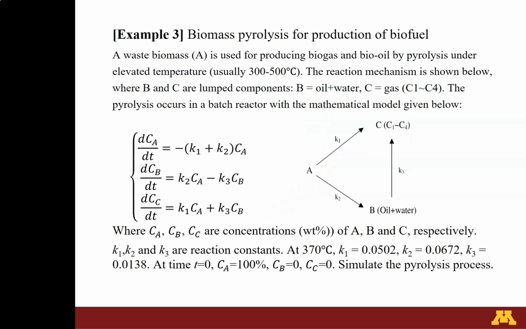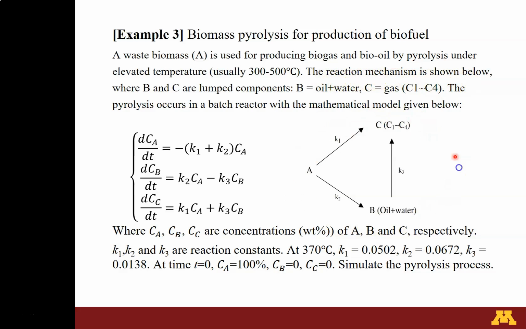This is another example. Biomass pyrolysis for production of biofuel. A waste biomass is used for producing biogas and bio-oil by pyrolysis under high temperature. The reaction mechanism is shown below.